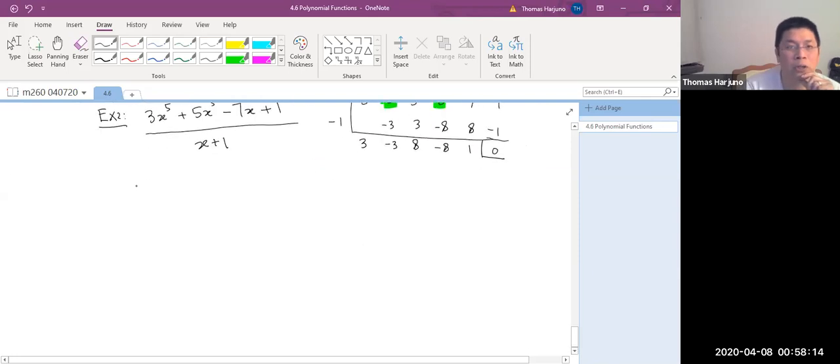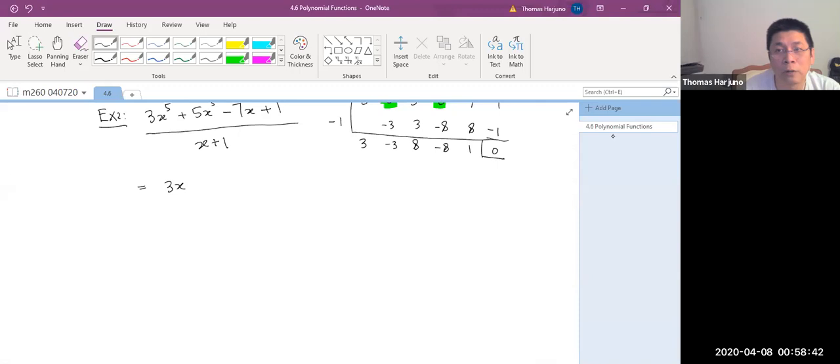So the quotient will be 3x to the what? Five? That's the original, degree of 5.